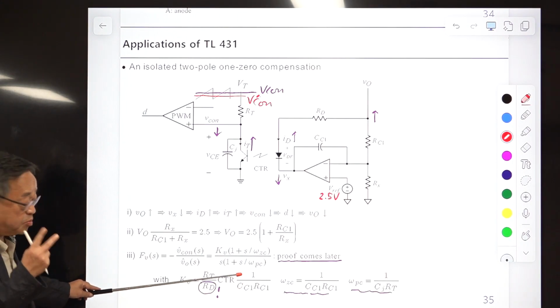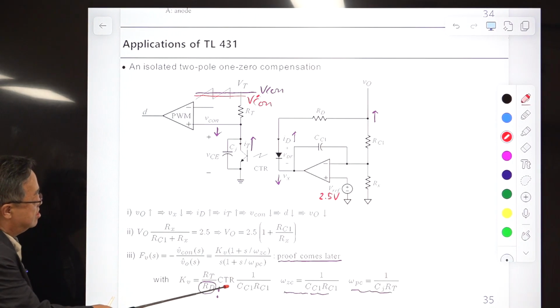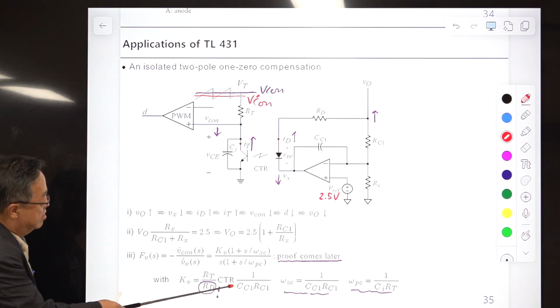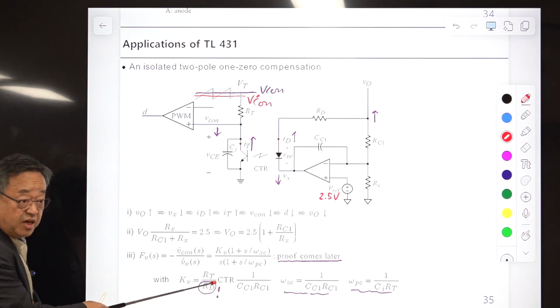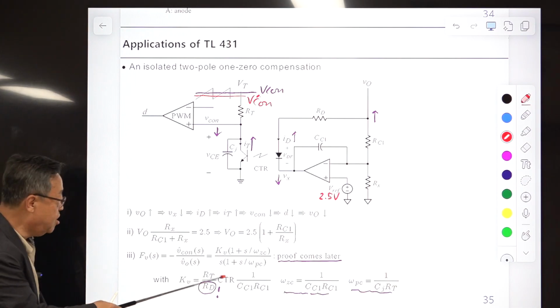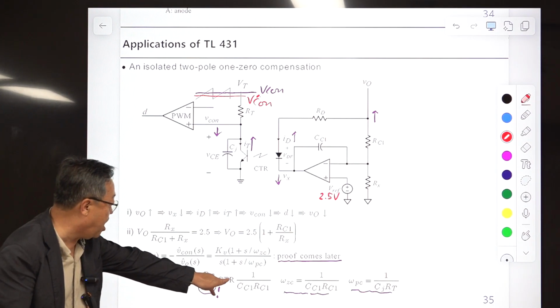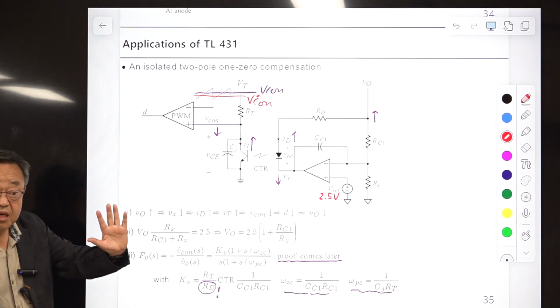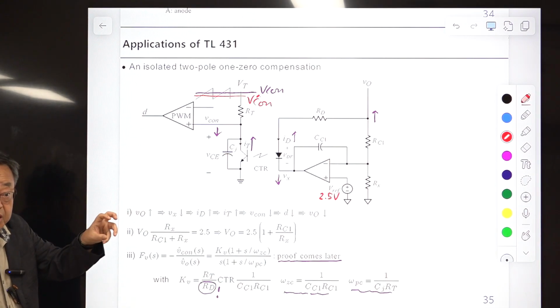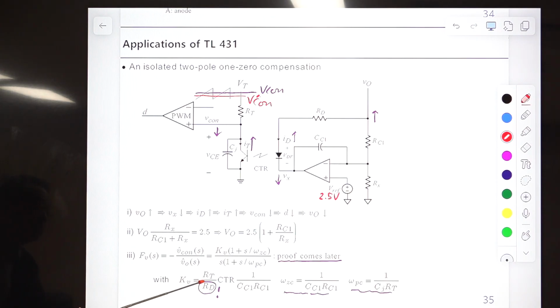We have 2 problems here because it has some tolerance. Okay, there is some uncertainty here. So KB will move around depending on the CTR of the actual device. Okay, with some tolerance, of course. And another one is RD.